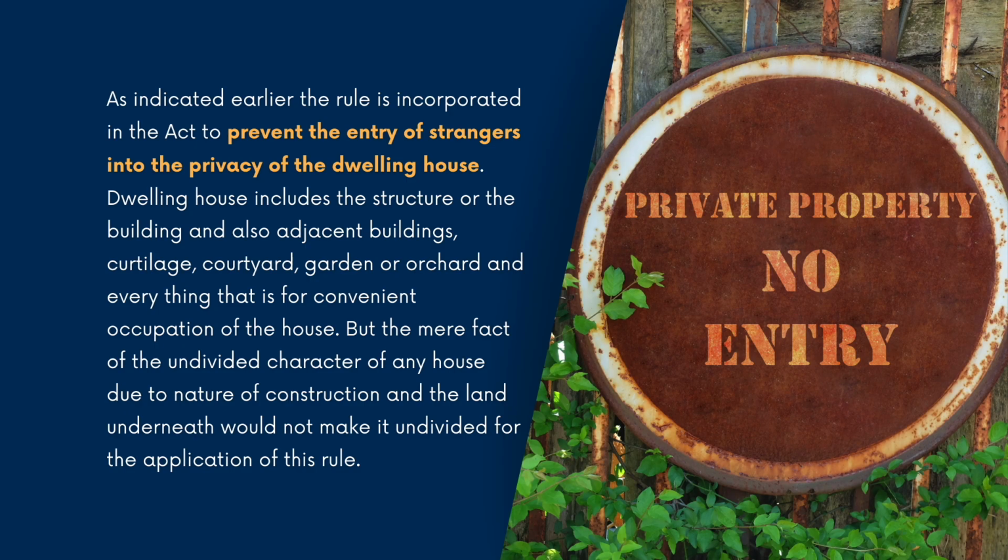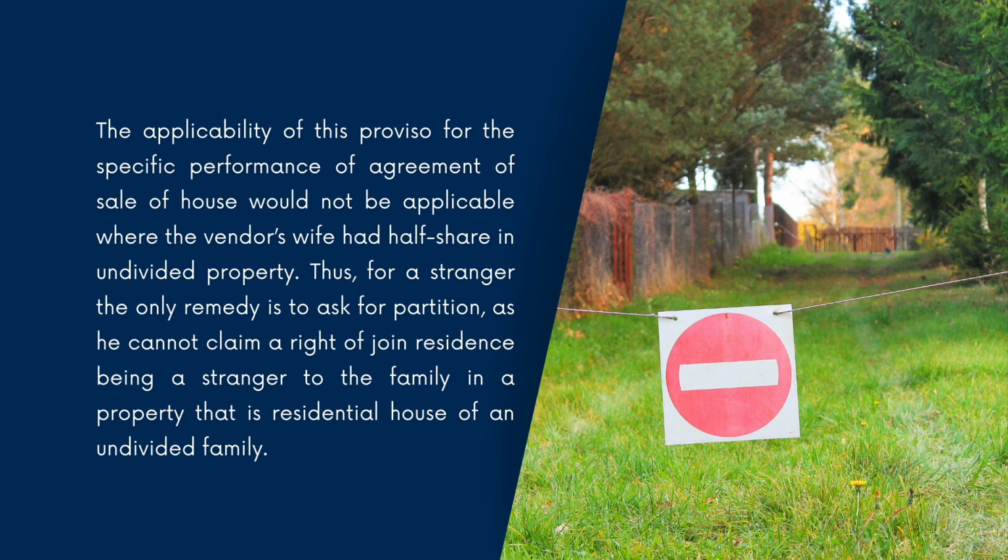But the mere fact of the undivided character of any house due to the nature of construction and the land underneath would not make it undivided for the application of this rule. The applicability of this proviso for the specific performance of an agreement of sale of a house would not be applicable where the vendor's wife had half share in the undivided property.